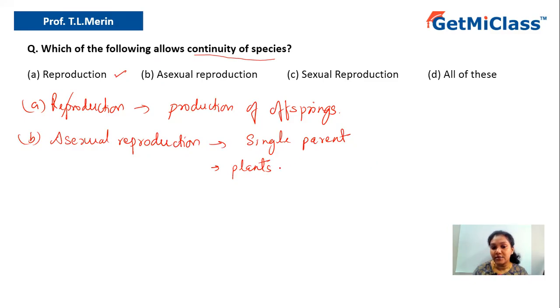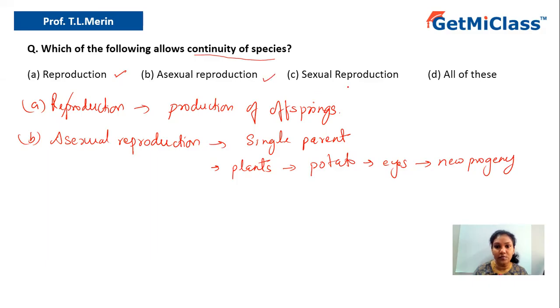In plants we can take any part, like for example a potato. We have something called eyes, which contain tiny notches, which will give rise to buds, and these will give rise to new progeny. And that's how it will continue. The continuity of species will be allowed even by asexual reproduction. Hence, option B is also correct.